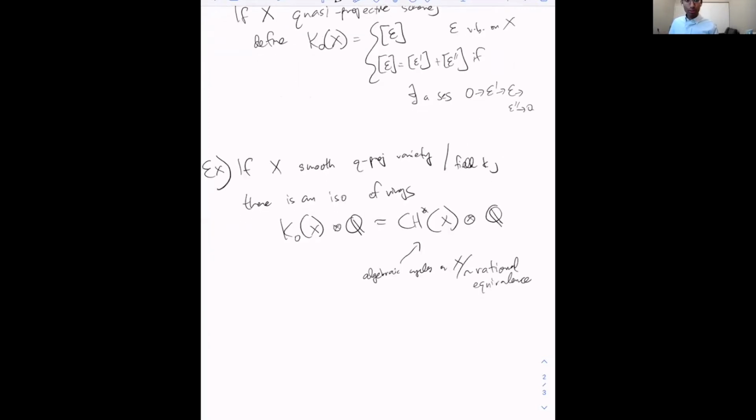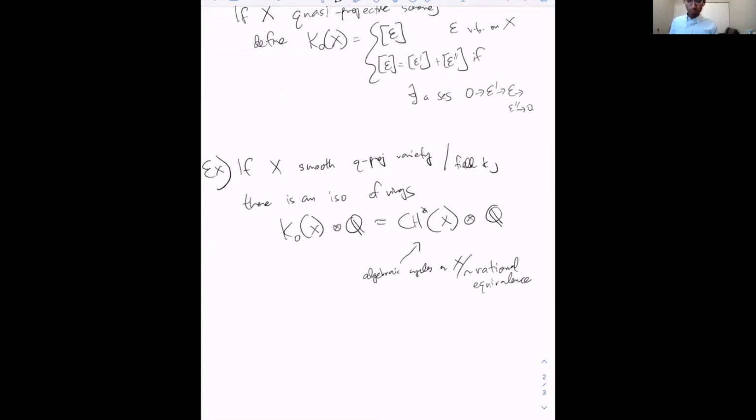It takes some work to define this formally and construct it as a ring, because, for example, cycles are given by subvarieties of X, and if you want to intersect them, you have to move them so that they intersect in the right codimension.